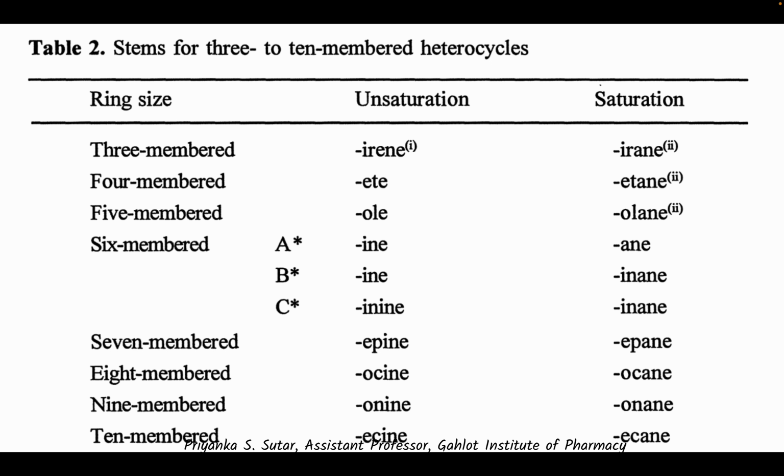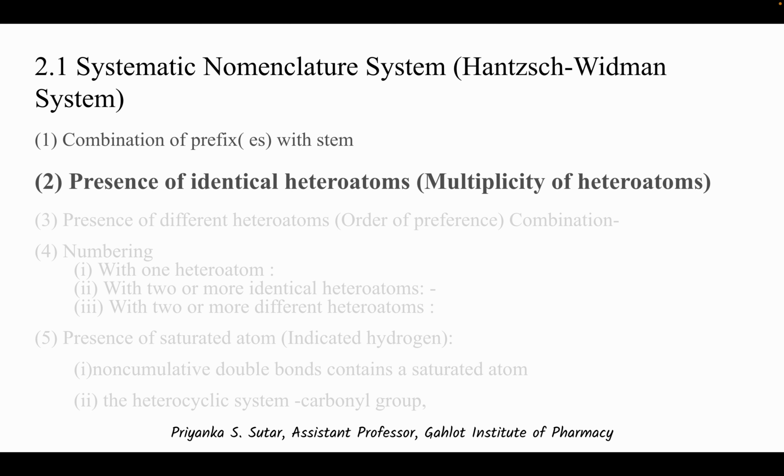So pause the video and write the stems of the rings. Now we have learned the basic rule that according to the Hantzsch-Widman system, the name of the heterocycle is made up of 2 parts. First part is the prefix, second part is the stem. For the prefix you have table number 1.